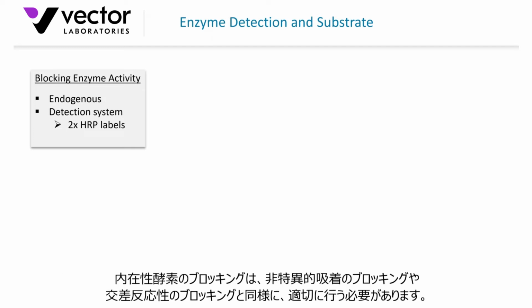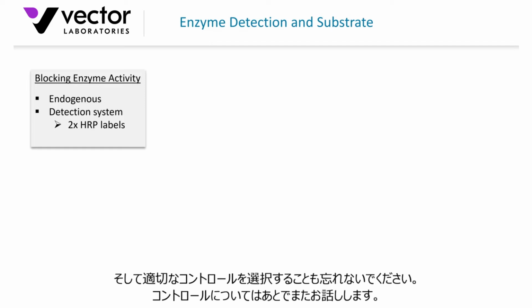So just ensure that the blocking is done appropriately, both for the endogenous enzyme activity, as well as potentially any cross-reactivity that you might see with, say, two peroxidase-based labels or two alkaline phosphatase-based labels, and make sure that those appropriate controls are in place. And just a little bit more on those a little later on here in the webinar.